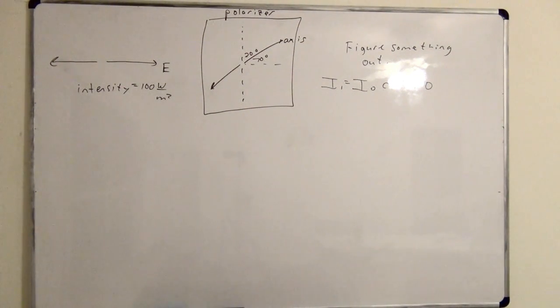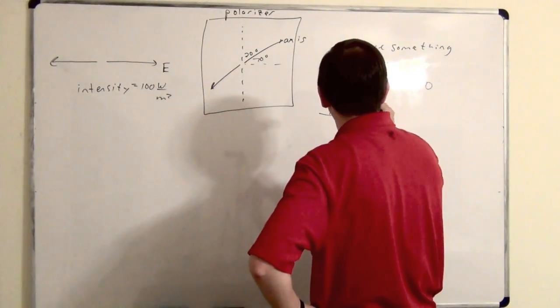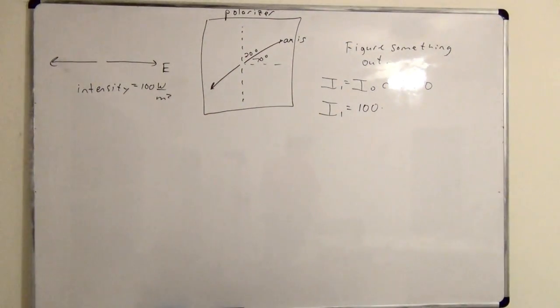So it's going to be 100 times 0.117. So it's going to be 11.698.